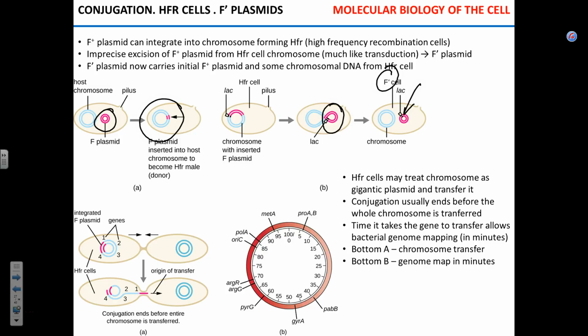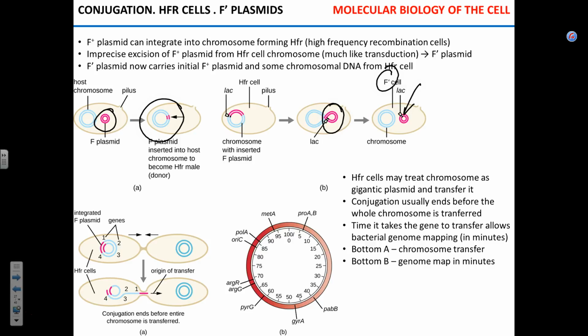plasmid. Okay? So this process is called high frequency recombination, sorry. So when recombination happens, the plasmid gets in, gets out, gets into the chromosome, gets out of the chromosome. Every time there is a recombination event, there can be a fragment of the chromosome that is taken out on the plasmid.